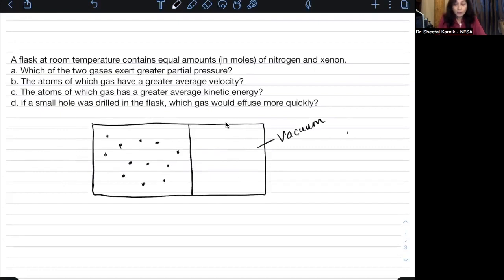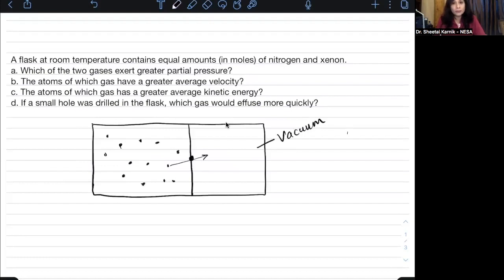If I introduce a tiny hole over here in the wall which is separating this container of gas from the container having a vacuum, I will see that the molecules with the smallest size will be able to pass quickly through here.